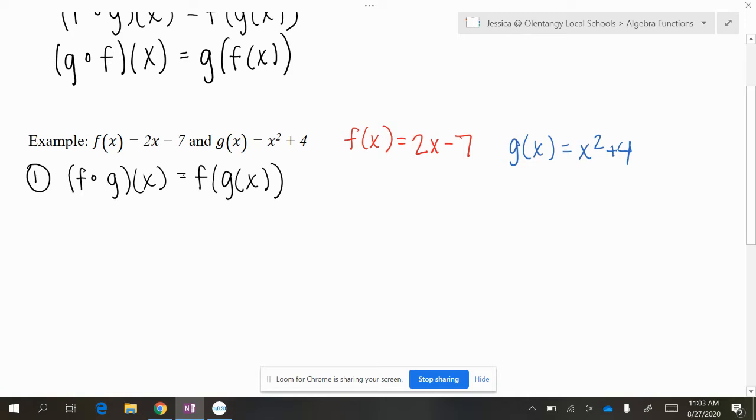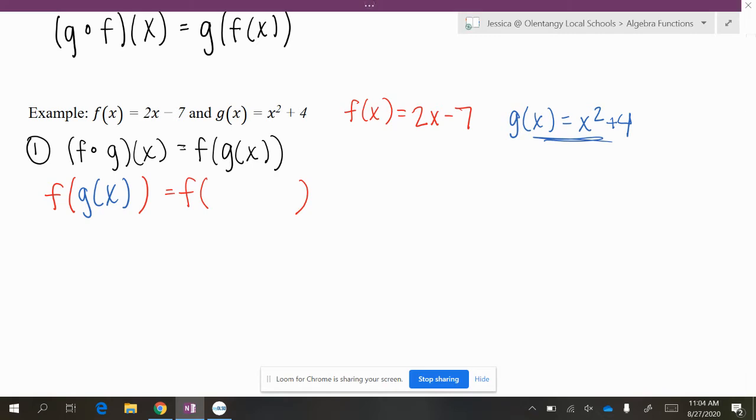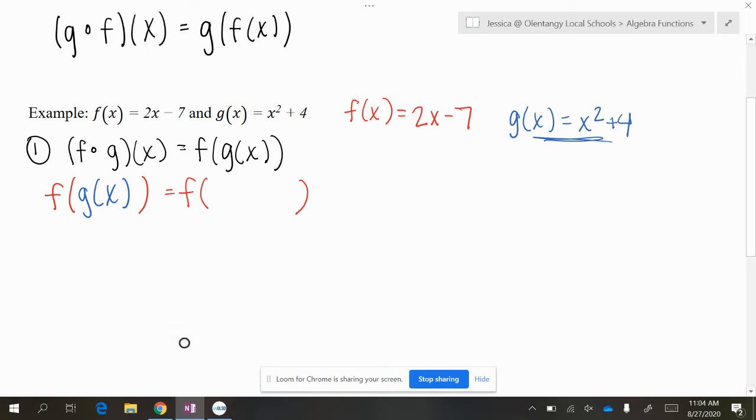So now when I go through this, I actually have f of g of x. So we are taking this g of x and inserting it into f of x. So again, to keep going with our formatting, this would then equal f of, now g of x is x squared plus 4. So now wherever I see an x in f of x, I'm putting my g of x in there.